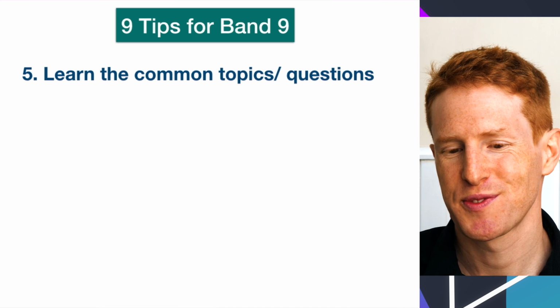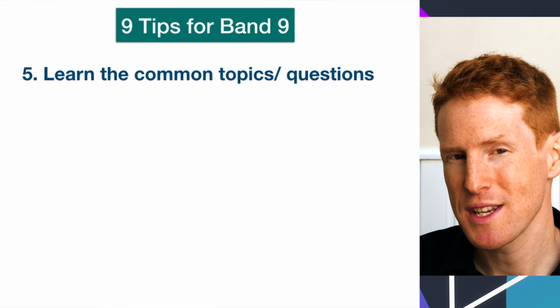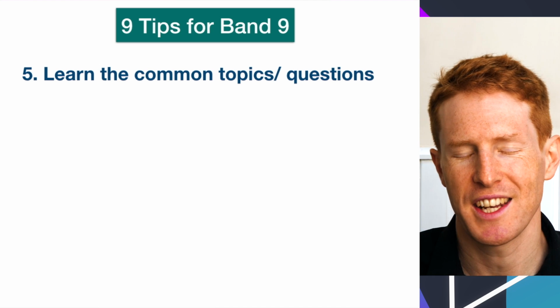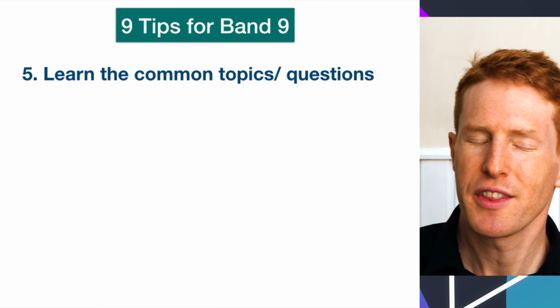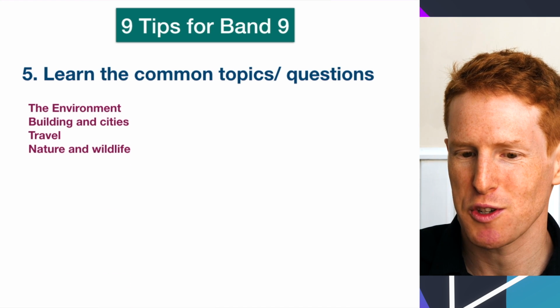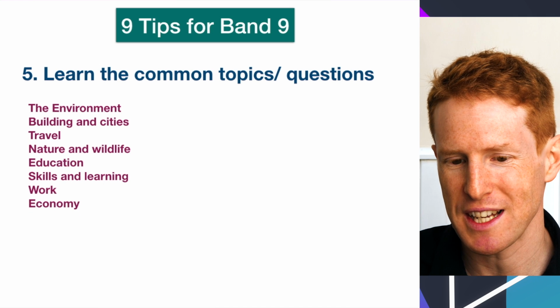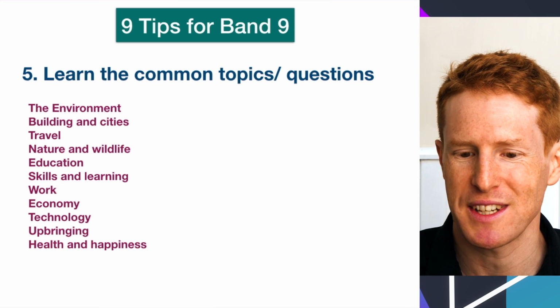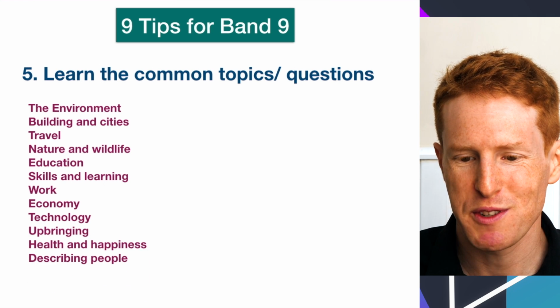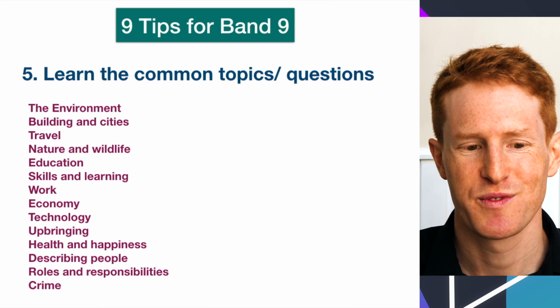Tip number 5. Okay, learn the common topics and learn the common questions. So the common topics in IELTS Writing Task 2 are things like the environment, buildings and cities, travel, nature and wildlife, education, skills and learning, work, economy, technology, upbringing, health and happiness, describing people, roles and responsibilities, and also crime as well.